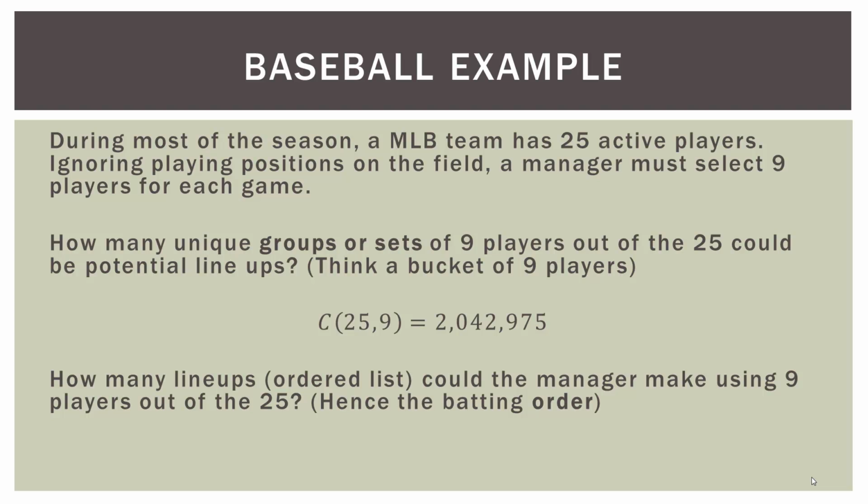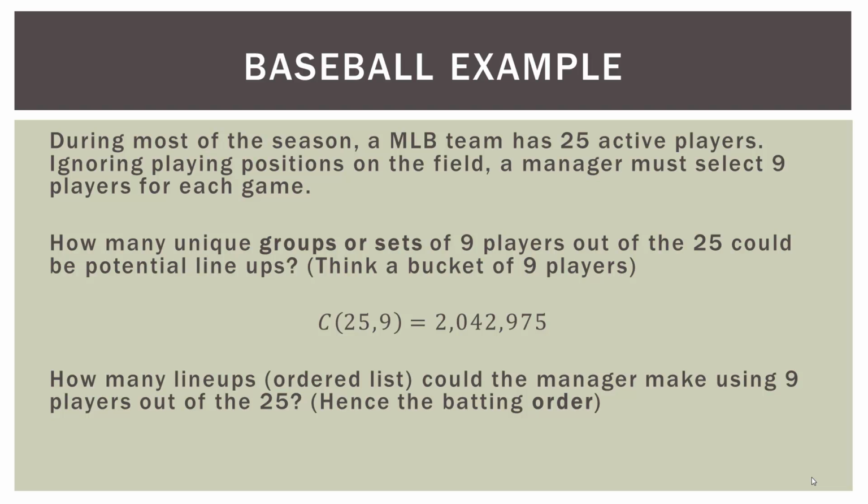Now, before I click the next little button here, I want you to think about this. Up above, if I have a group of 9 players, that counts as one of my groups up there. But for that one group of 9 players, think about how many different orders I could have for that one group of 9 players. For the first slot in the order, I'd have 9 choices. For the second slot in the order, I have 8.